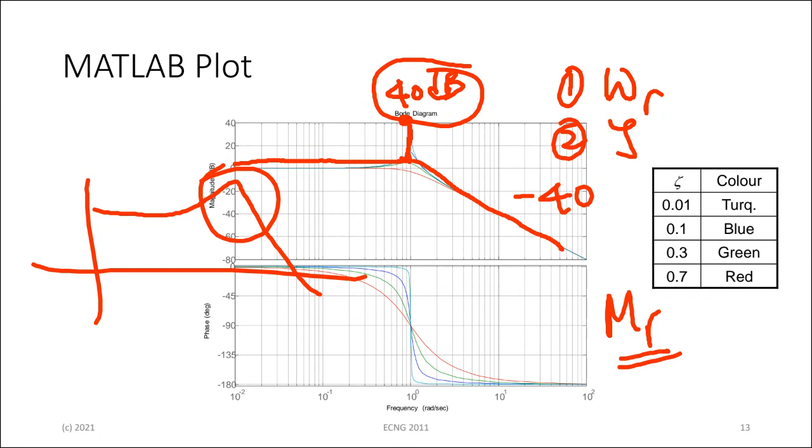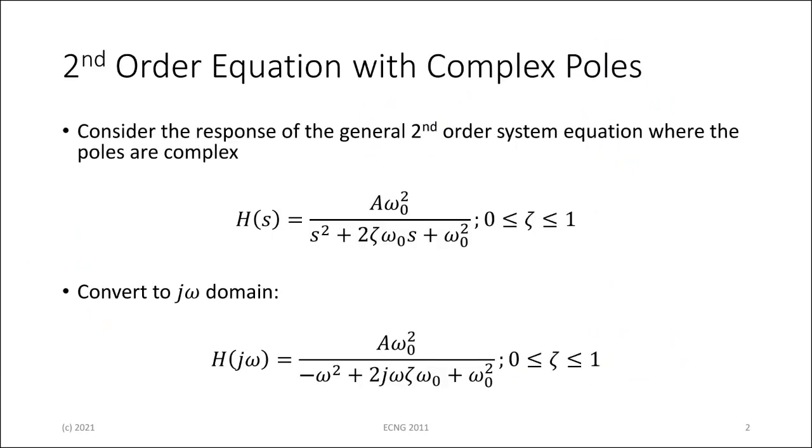To do that, you basically have to determine zeta, Mr, omega r, and then you go back to the equation that we started with, right? Which is this one here. So you're basically calculating this, and that, and that, and then plugging the values in here.